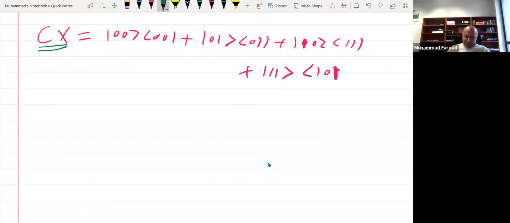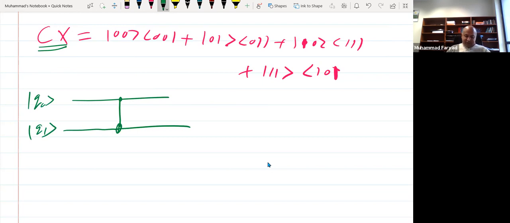Because the truth table of this controlled X gate, by the way, sometimes I was writing X, sometimes I'm writing plus. So the official symbol for the control X gate is this plus. This is Q0, Q1, and let's write input on this side, and this is output Q0 prime, Q1 prime.